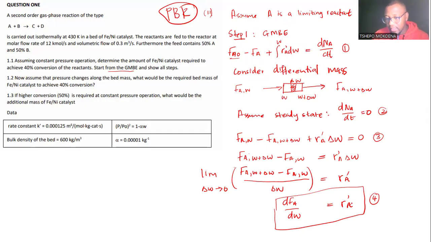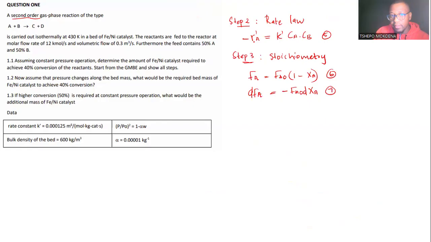So we have RA. RA, again, is given by what? We just spoke about it, that it is a rate law. It is given by the concentration. So you'll have to focus on your concentrations for A and B. In this case, when we want to calculate the concentration of A, making use of stoichiometry, what are we going to do?